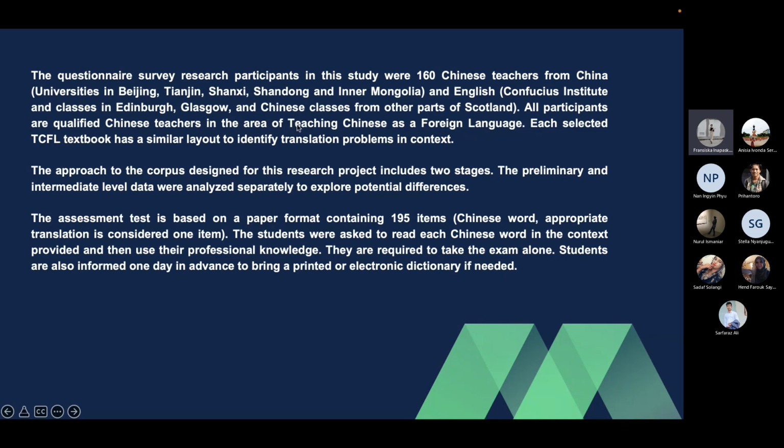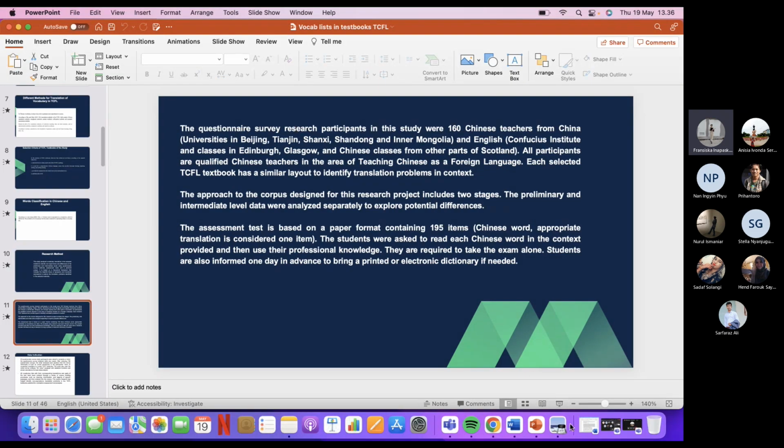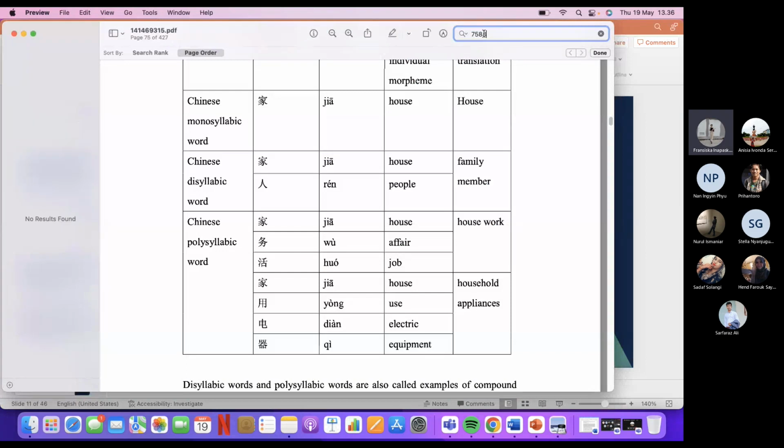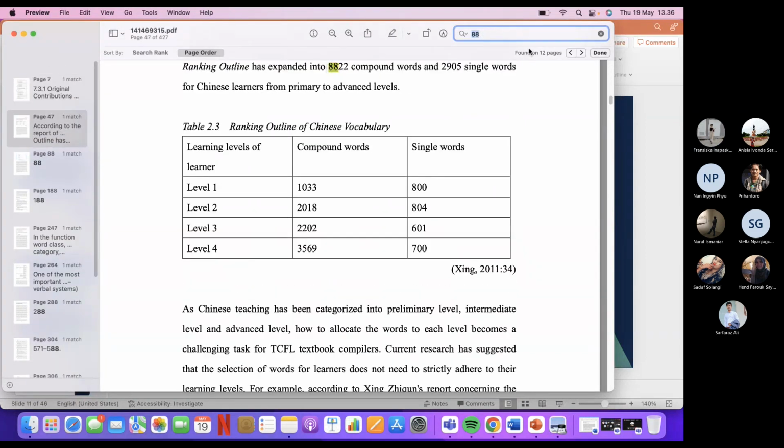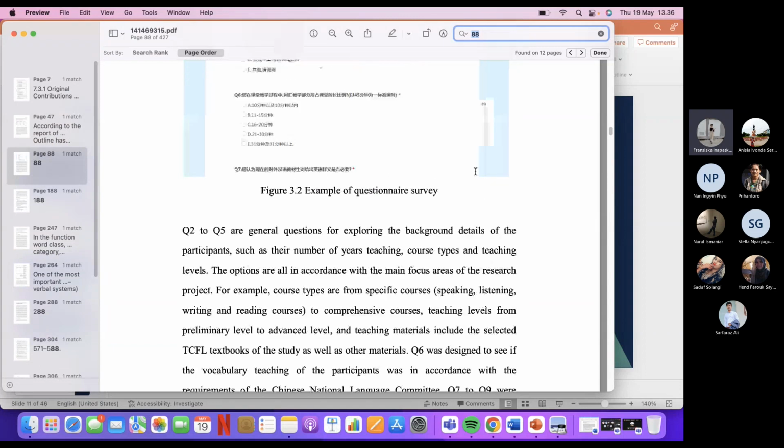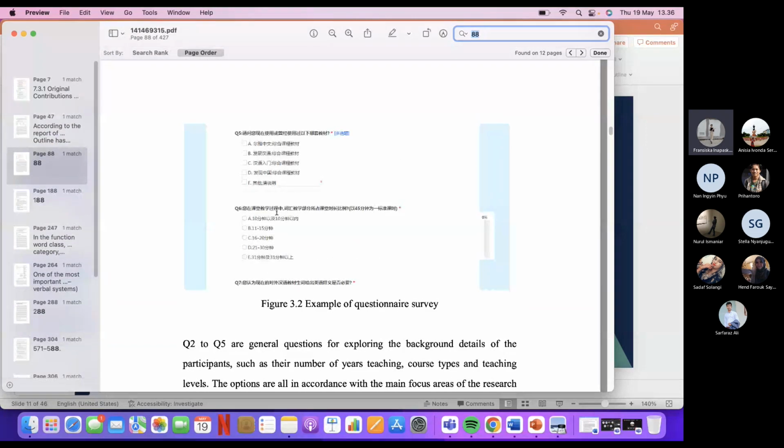It also has a participant information sheet and participant consent, which indicate that the participant can withdraw at any time without giving any reason, but the data obtained will be retained and used as part of the study. For example, here, this is an example of the questionnaire survey. If you want to look at it, okay.